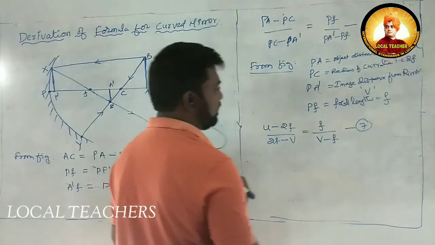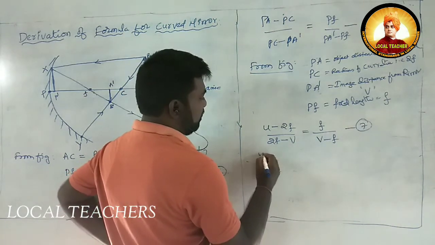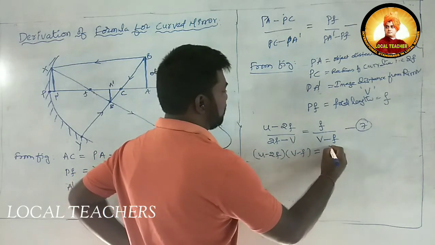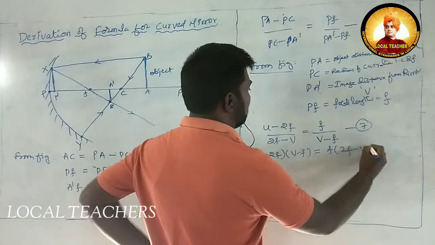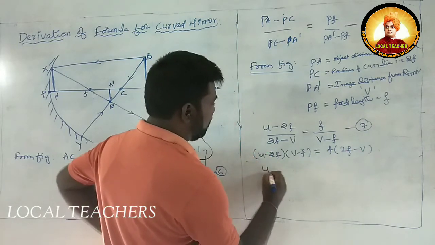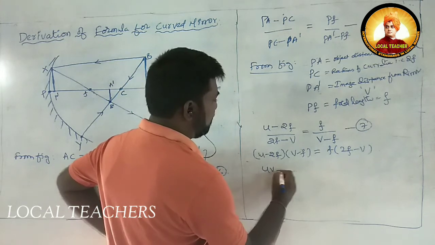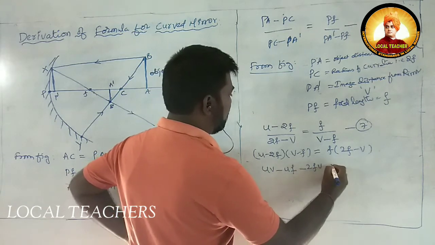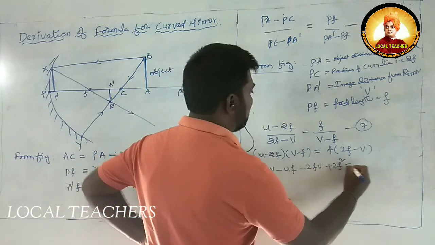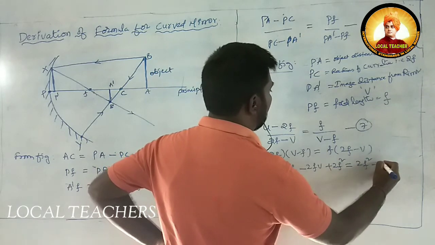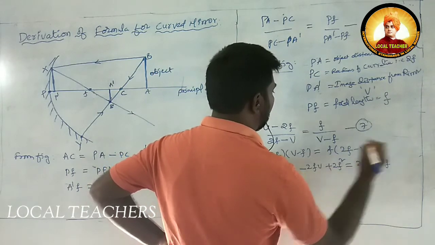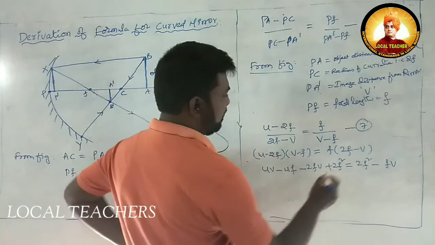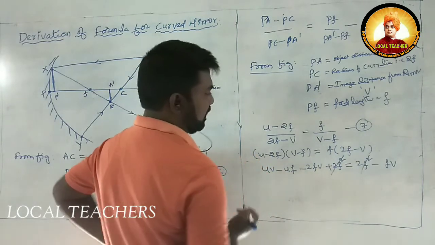Just cross multiply this equation, so we can write here (u minus 2f) into (v minus f) equals f into (2f minus v). Multiply now: uv minus uf minus 2fv plus 2f square equals 2f square minus fv. So here this and this will get cancelled.